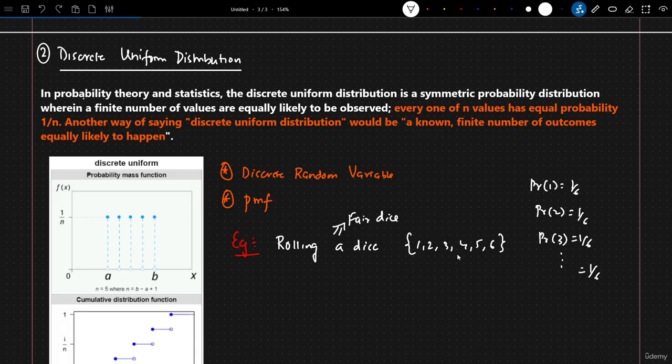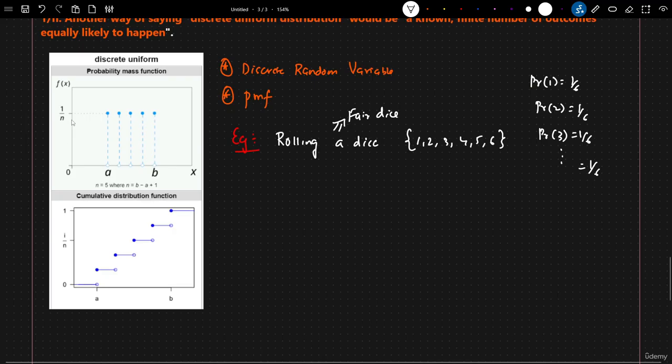So 1 comma 6. And in order to find out the probability, it is nothing but 1 by n. N is the number of outcomes, right? If you go ahead and see how this n is getting calculated, we are basically using this 1 by n, that is the probability for every outcome, right? So 1 by n, in this n will be calculated by using this formula, b minus a plus 1.